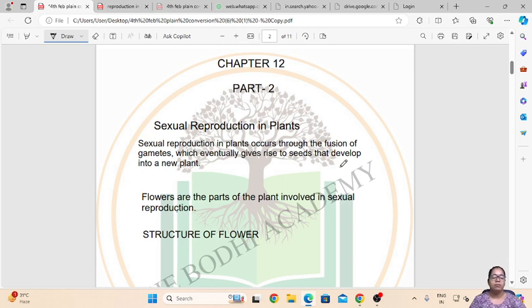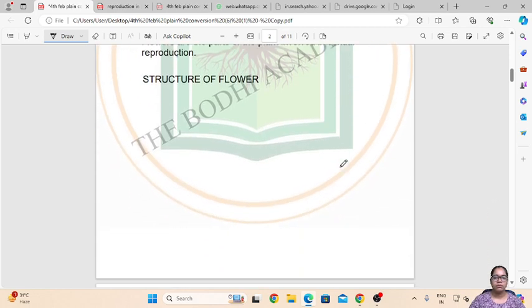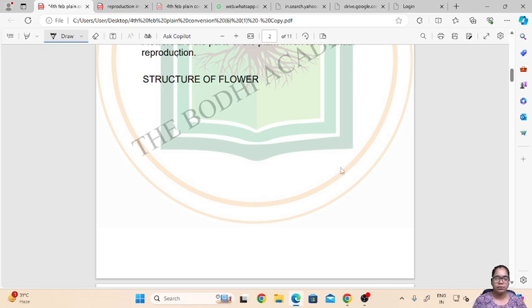The flower consists of the male and the female reproductive parts. So first let us see the structure of a flower.